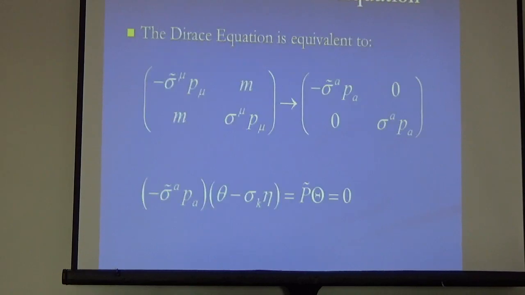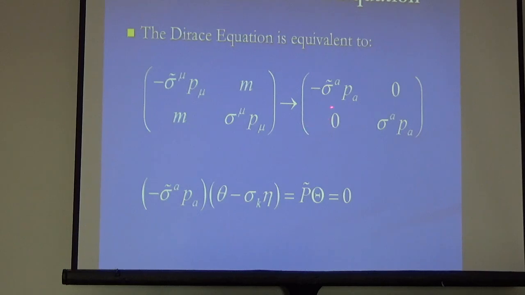What this allows me to do is go back to my Dirac operator in momentum space, which was like this, and now instead of putting this m on the off diagonal to make it anti-commute, I bury it in with one of the new quaternionic or octonionic units that I had. Now I have something which is block diagonal, and the theta and the eta then don't appear to be coupled, but what happened is that this object is now quaternionic instead of just being complex.